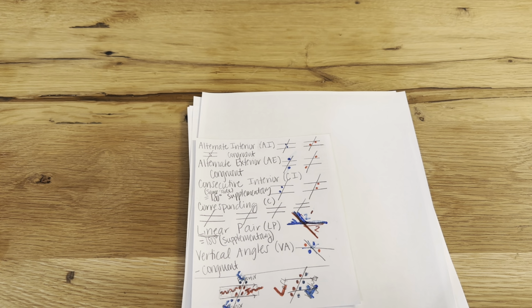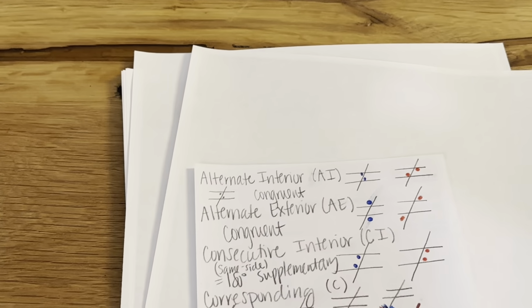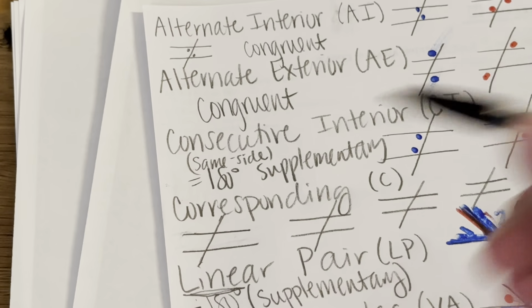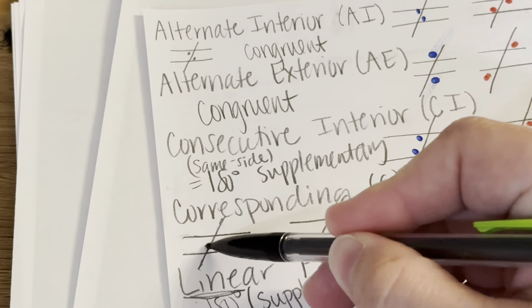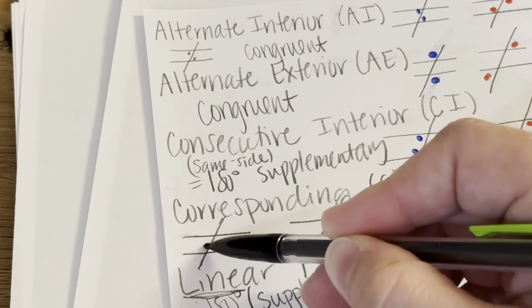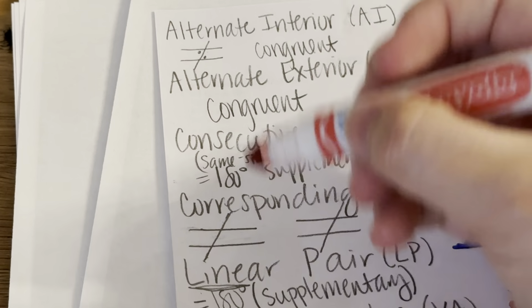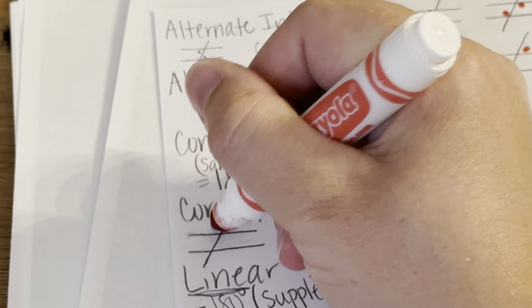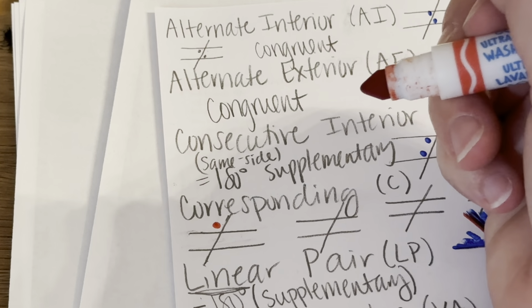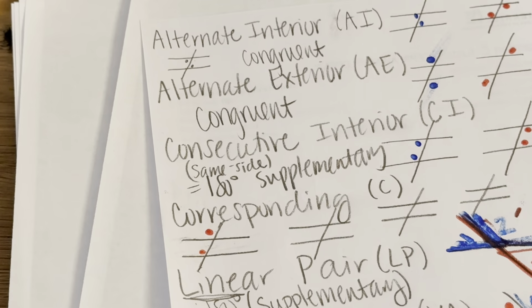So corresponding just means they're in the same spot. So if you look up here, around here, there are 4 angles. 1, 2, 3, 4. And there are 4 angles down here. 1, 2, 3, 4. If I pick the top left angle here, the corresponding angle is going to be the top left, but just on the other line. They're in the same spot.